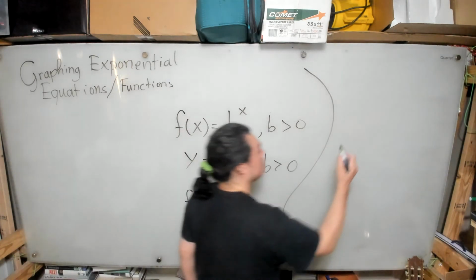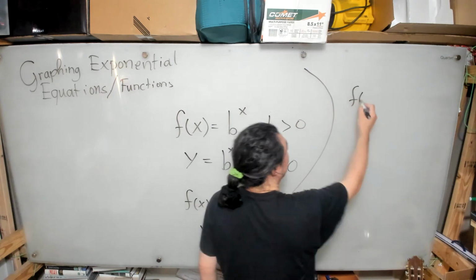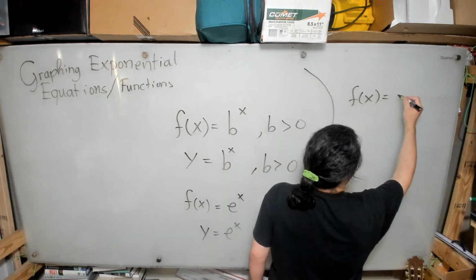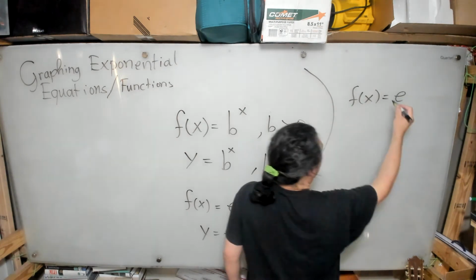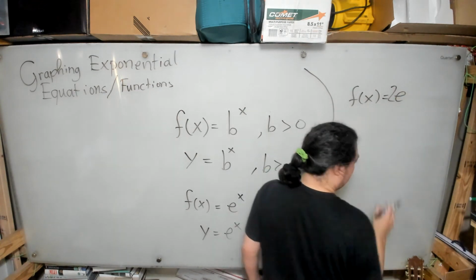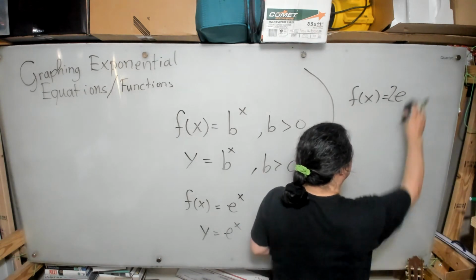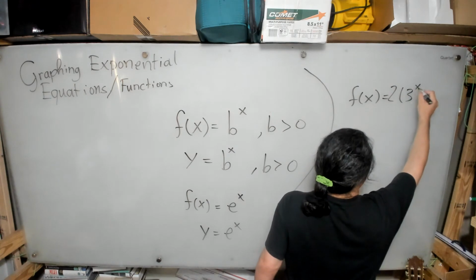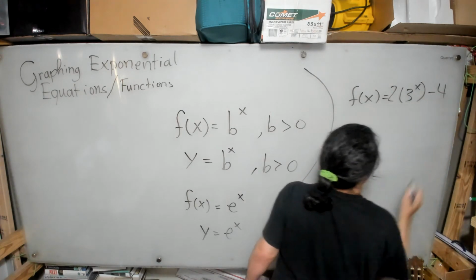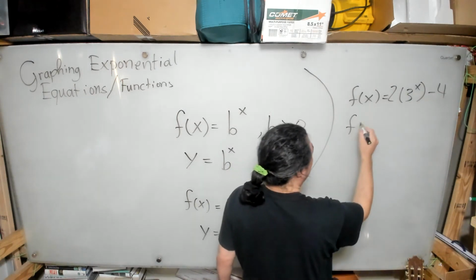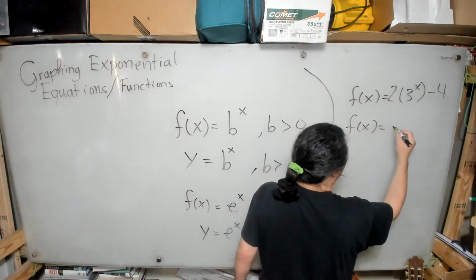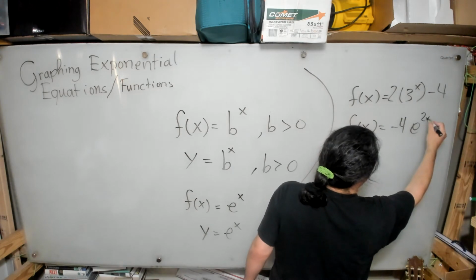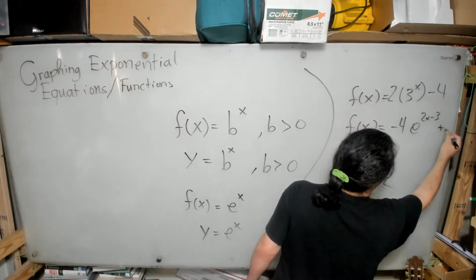But afterwards, we'll be able to look at more interesting examples, things like f of x equals 2 times 3 to the x power minus 4, for example. Or f of x equals negative 4e to the 2x minus 3, plus 7.